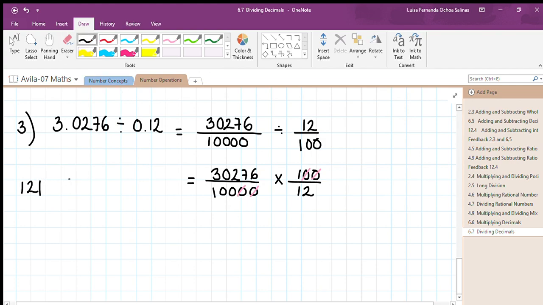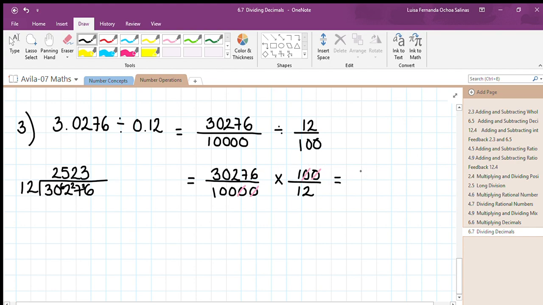So as I said, it's going to be equal to 2, which is 24, and then I have a remainder of 6. There you go. So if I have a remainder of 6, then I have a 5, which is going to be 60, and then I have a remainder of 2, which is 27. Then if I do another 2, it's going to be 24, and then I have a remainder of 3, that is 36, and then I have 3, and I don't have any more remainders.